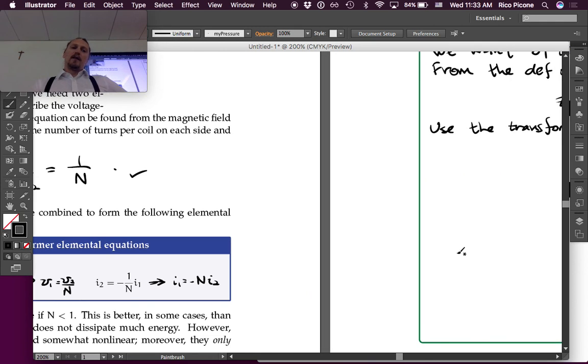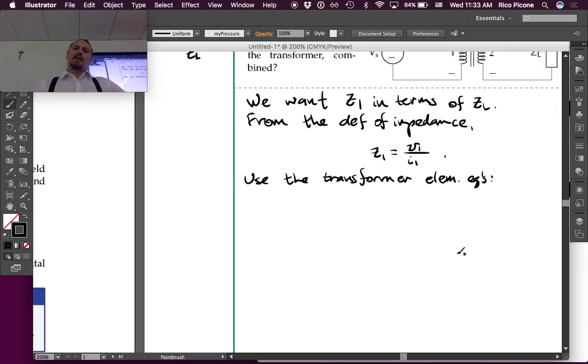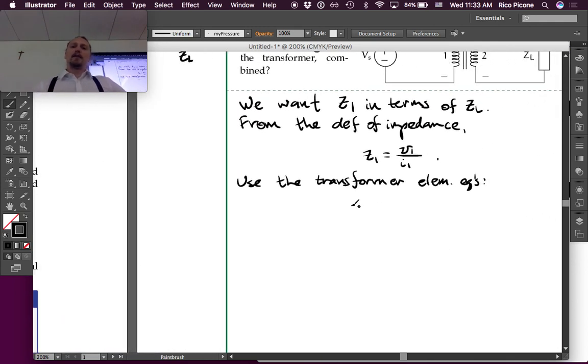So using those and just substituting them in for V1 and I1, we get that Z1 is equal to, our V1 was just equal to V2 over n, right? And our I1 was equal to what? Negative n times I2. Yeah. Great.